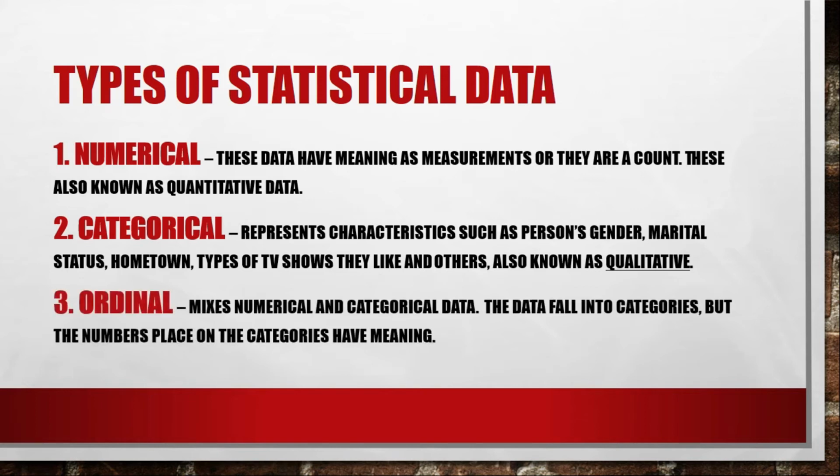And the third is the ordinal. Ordinal meaning it mixes numerical and categorical data. The data fall into categories, but the number placed on the categories have meaning. So, ang sabi niya dito, it is a combination of numerical and categorical. Why? Because ordinal can be a number or word.